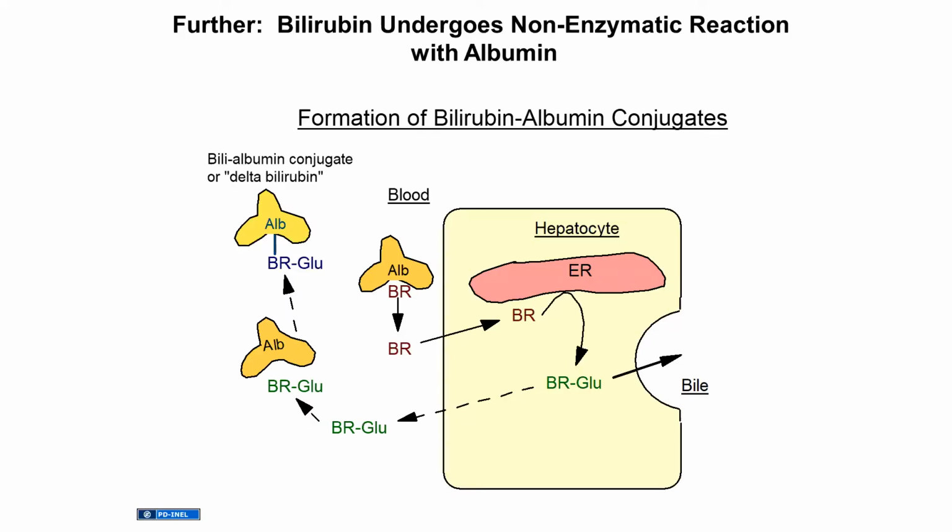Bilirubin undergoes a non-enzymatic reaction with albumin, and the bilirubin-albumin conjugate is also called delta bilirubin. So bilirubin plus albumin, when released into the circulation, is called delta bilirubin.